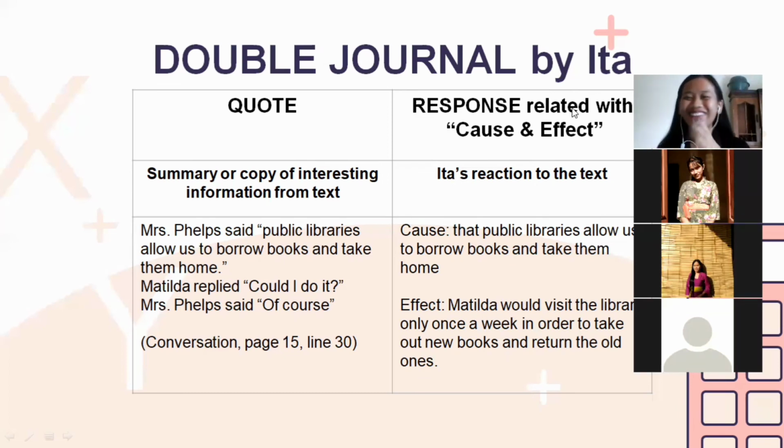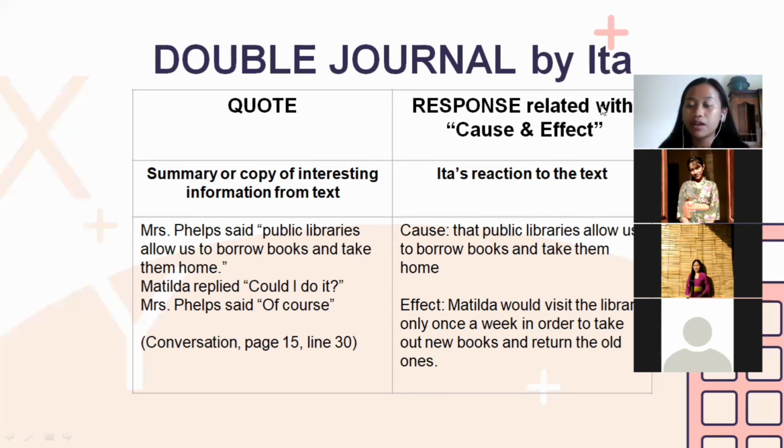Okay, thank you so much. So, Ita made a double journal. As you can see on the slide, double journal by Ita. The first quote is Miss Phil said public libraries allow us to borrow books and take them home. And then Matilda replied, could I do it? And then Miss Phil said, of course.